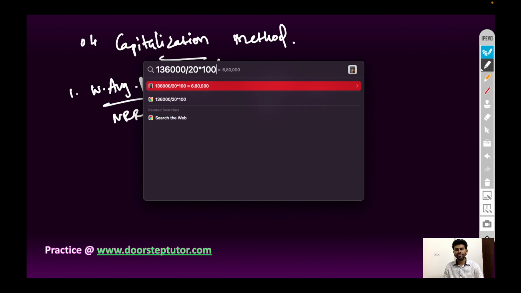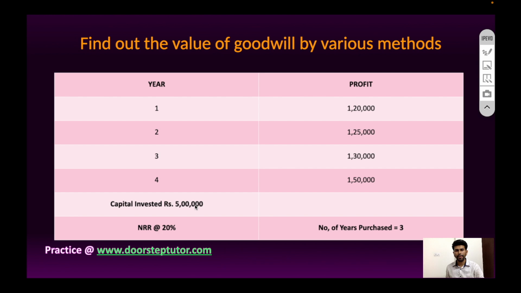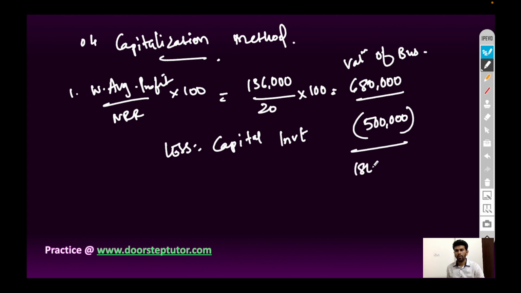We will get 6,80,000 rupees. Valuation of business is 6,80,000 rupees. Capital invested is 5 lakh. ₹1,80,000 will be the amount of goodwill.